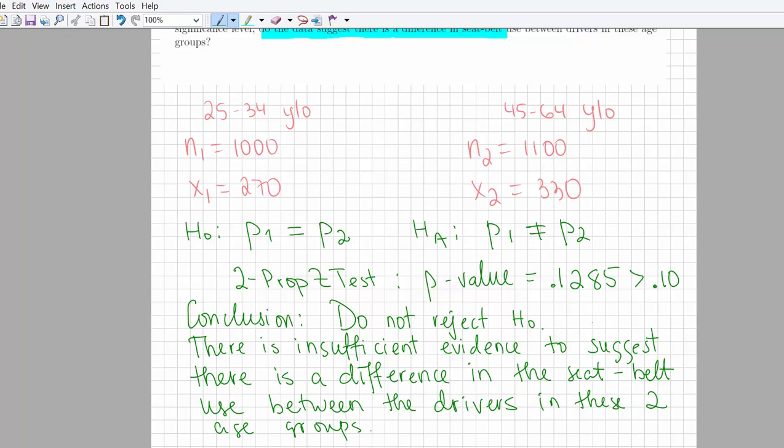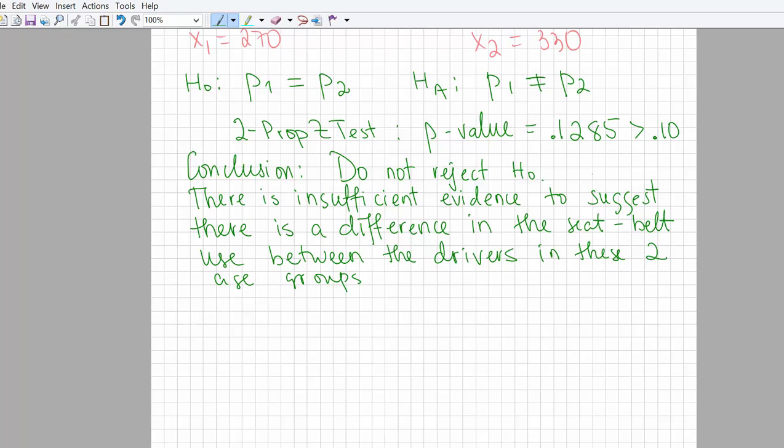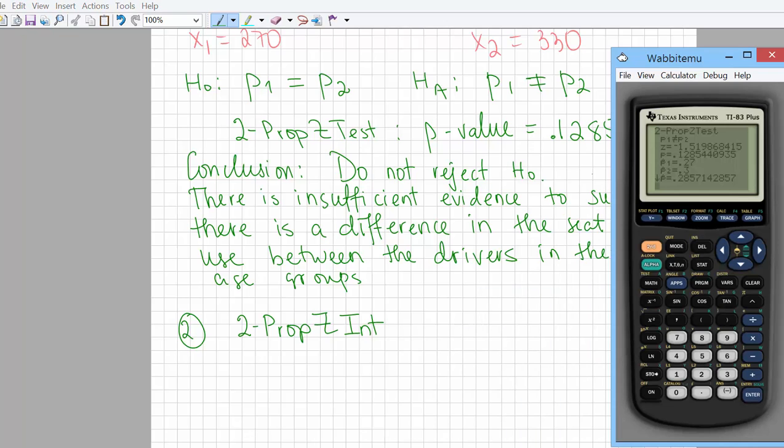All right, so we've done hypothesis testing. Let's just see what we would have if we were to run a two proportion z interval. What happens? Let's go back to our calculator. We're gonna go to stat, test, and 2-proportion z interval over here.